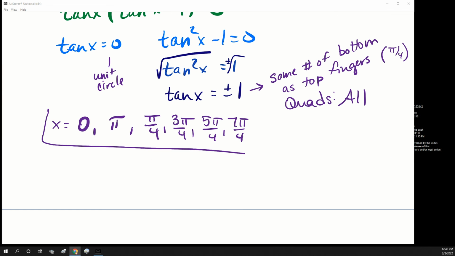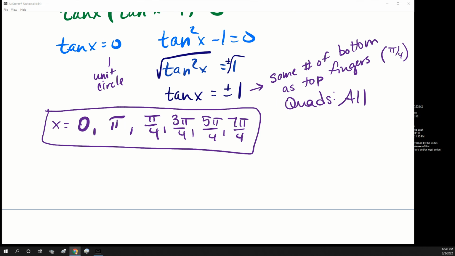So like I said, it's going to be more of a time when you use an identity and tangent disappears or cotangent disappears. So it's all the quadrants. Yes. All right. So that's almost every, well, no, just kidding. It's every quadrant, and then 2 quadrant angles. It's a lot of it.